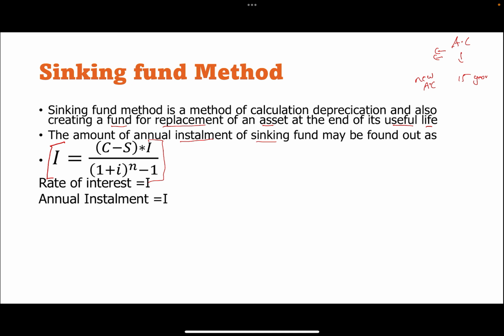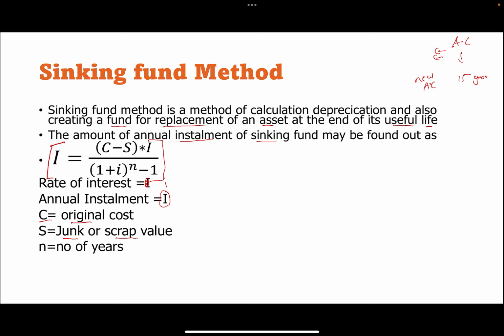Here the rate of interest is small i, and the annual installment is capital I, and C is the original cost at which you have bought it, and S is the junk or the scrap value, that is the final salvage value, and n is the number of years. So i is already given, that is the rate of interest.